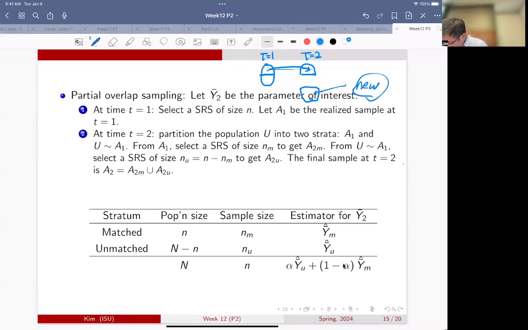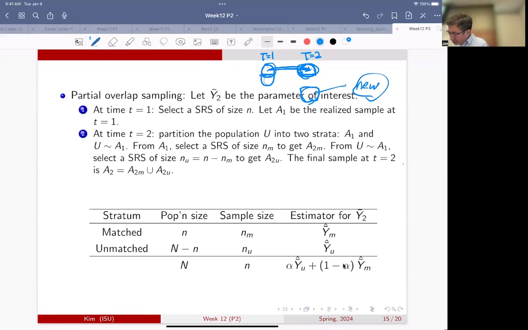So for some portion of the original sample we have the same overlap, but for others we have a new sample.